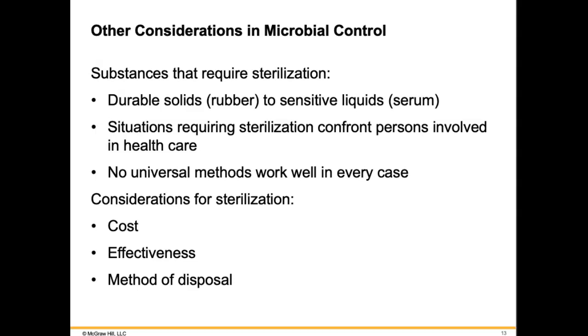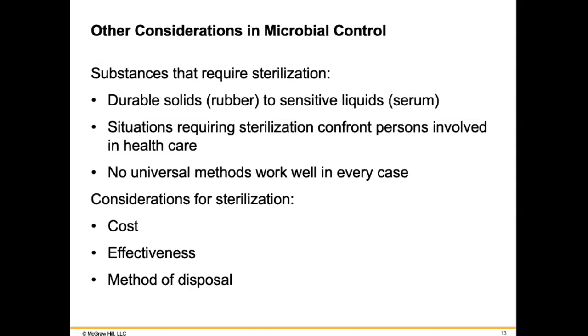So, when we're talking about microbial control and sterilization and the considerations in relation to those things, we have to think about what the substances are: durable solids such as rubber to sensitive liquids like serum.